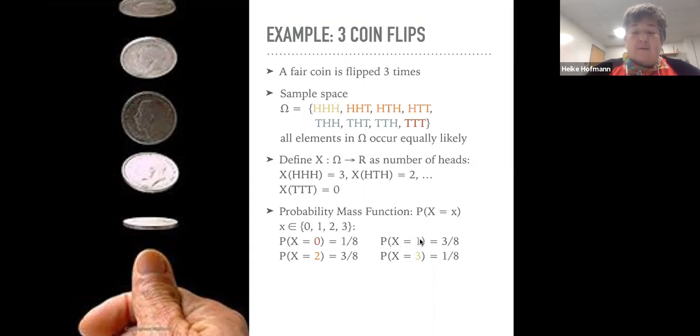For 1 head and 2 heads, we have 3 possibilities each. So overall, you can see that our 4 different possible outcomes of our random variable, 0, 1, 2, 3, their probabilities add up to 1. So this is the probability mass function for a fair coin that's flipped 3 times.